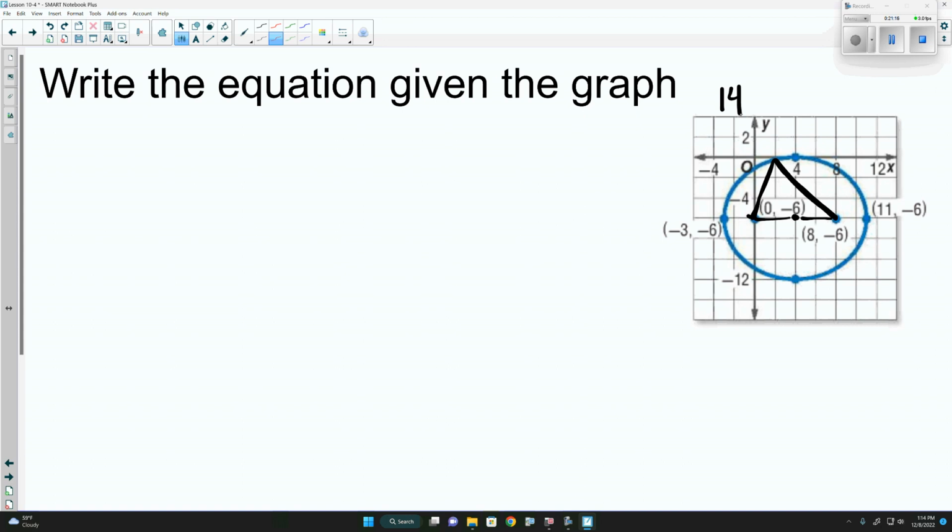It's twice a. The distance from here to here is still 14. Any of those distances from the foci to a point on it to the other foci will be twice a.